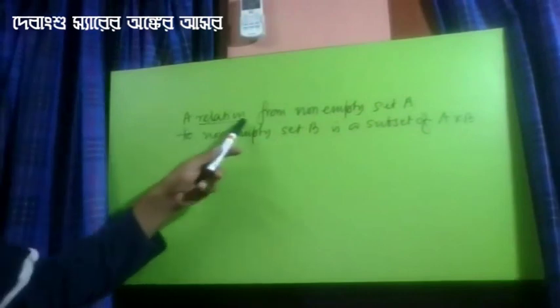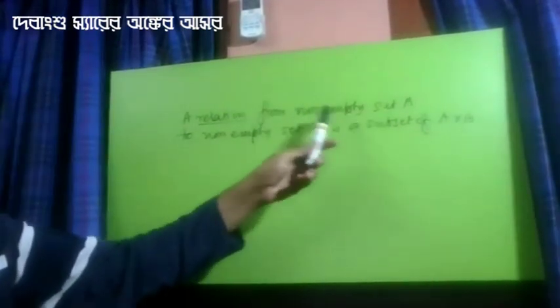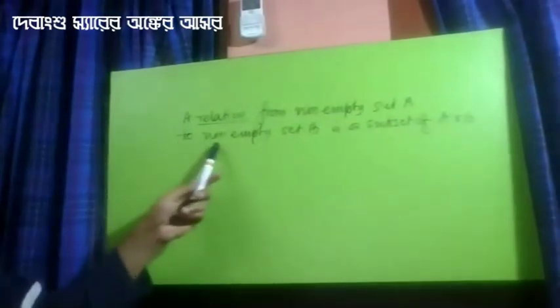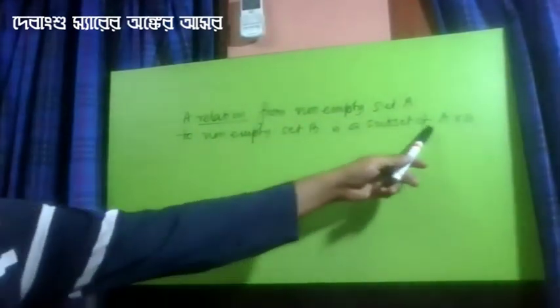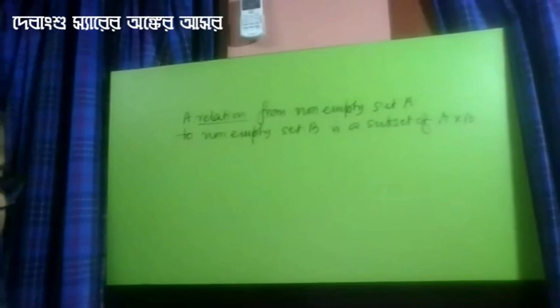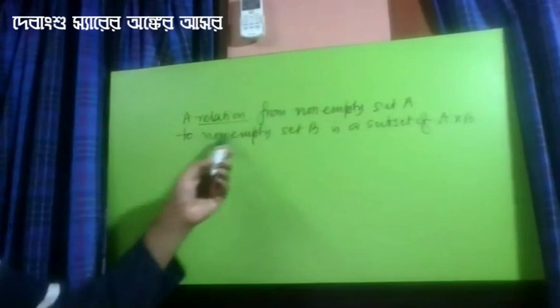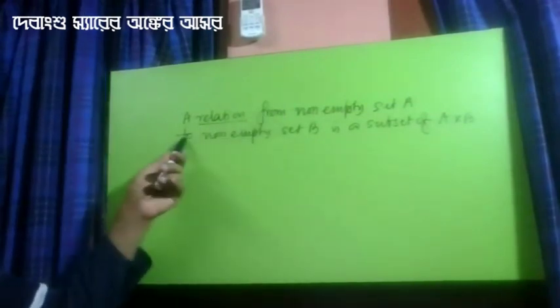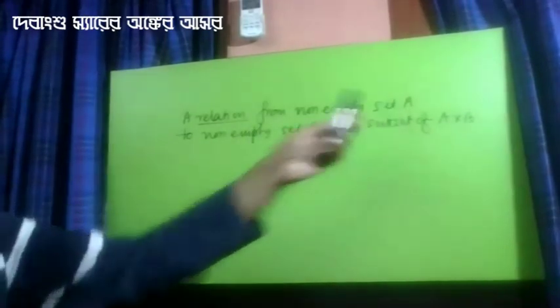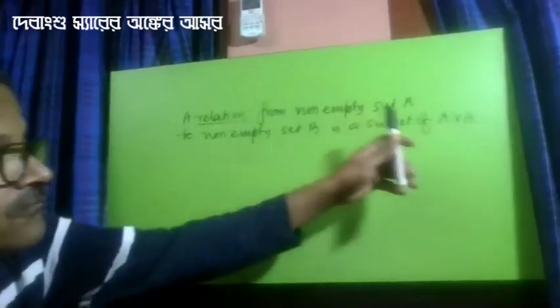Now, a relation from a non-empty set, note the word non-empty, set A to a non-empty set B is a subset of A×B. Since we are taking a subset of A×B, it is a relation from A to B. If we consider a subset of B cross A, then obviously it is a relation from B to A. So follow the order of the sets.